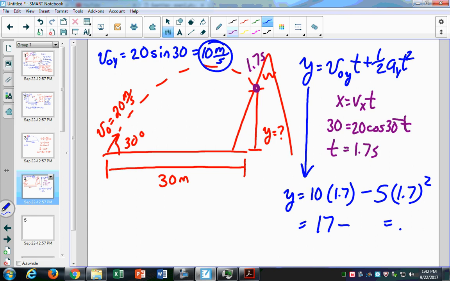It was equal to 0.55, I think. And you're right, 2.55. So this distance is 2.55 meters. That's a type of problem that you can see too.